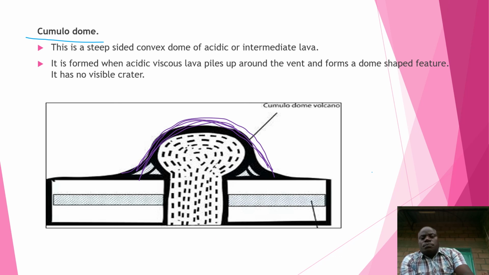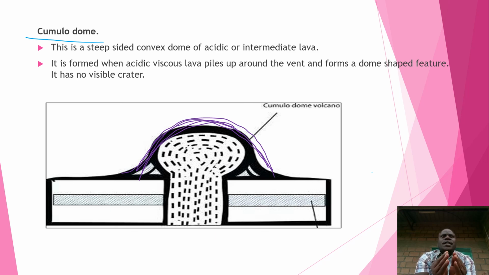When you borrow knowledge from this and compare it with a volcano, we are here saying that it is formed when lava accumulates or solidifies around the vent. So it sounds like a volcano, but they are not the same. This one is formed by acidic and viscous lava, which is thick. It does not spread and cover a large area.